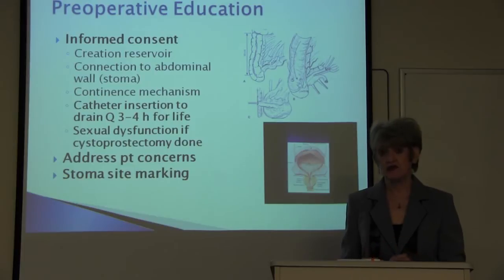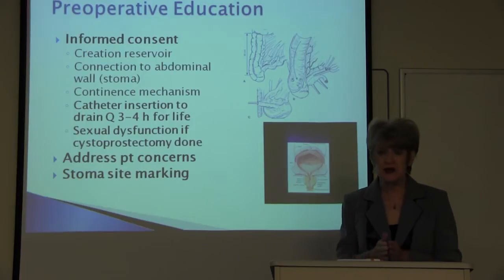We want them to understand that between the opening on the abdominal wall and the internal reservoir, there will be some kind of one-way continence mechanism. So it might be a naturally occurring valve, it might be an intussusception created by the surgeon. There's a lot of different ways to create continence between the stoma and the reservoir.